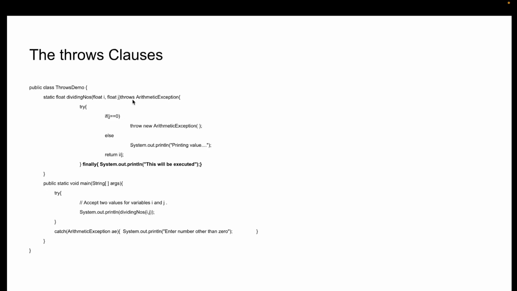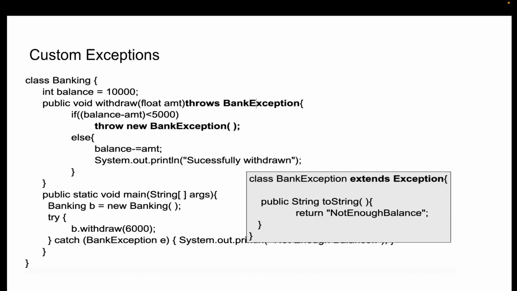See, throws is being defined at the method level itself. This method wants to throw some kind of exception, and that is an arithmetic exception. So whichever method will be calling this dividing numbers method will have to handle that exception. So this is an example of error propagation.